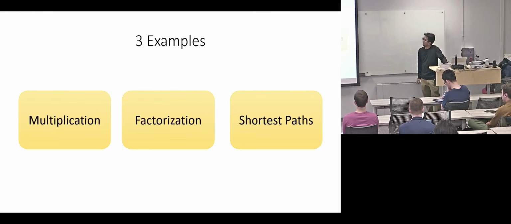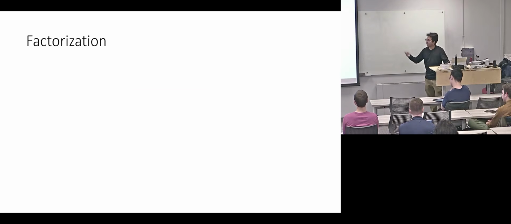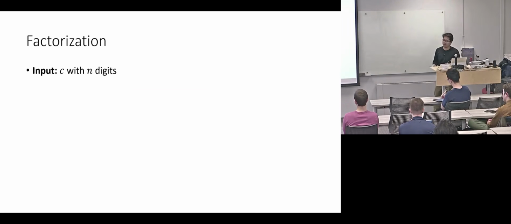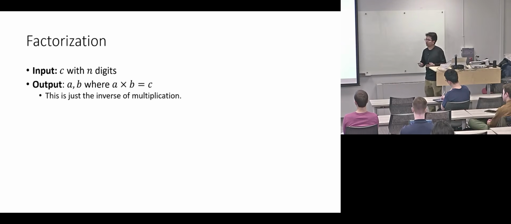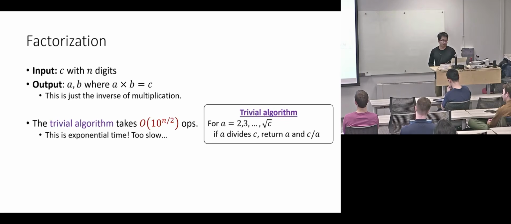Next problem: factorization. This problem is the inverse question of multiplication. You have a number C, and you just want to output two numbers A and B that multiply to C. It's a simple question, and it is actually important in cryptography.